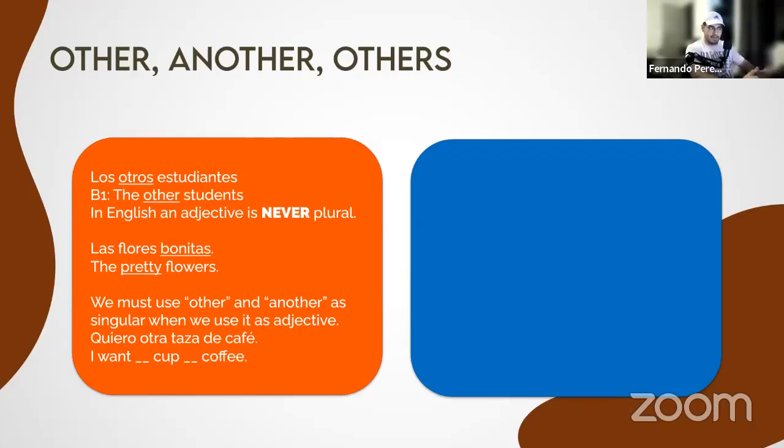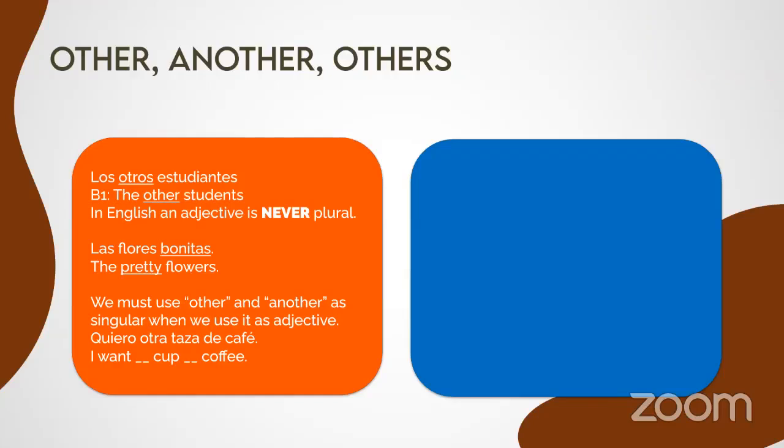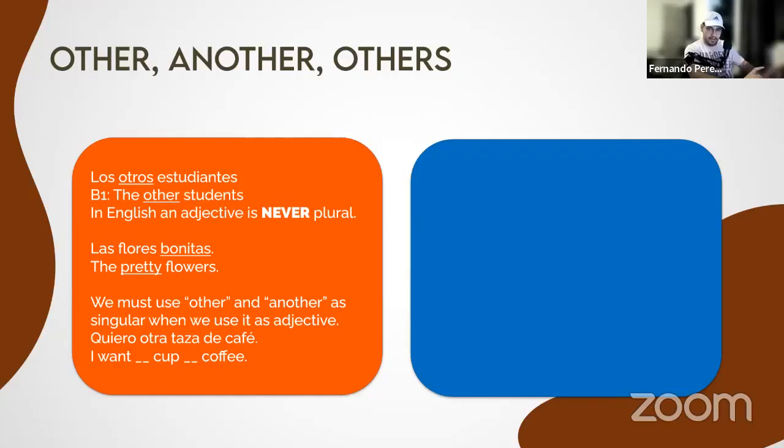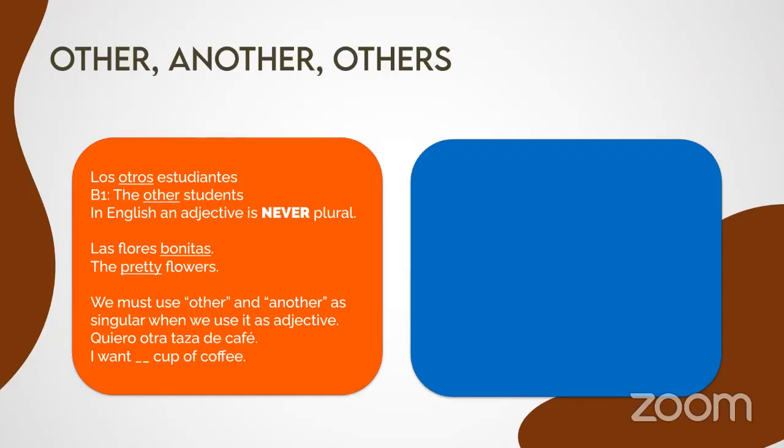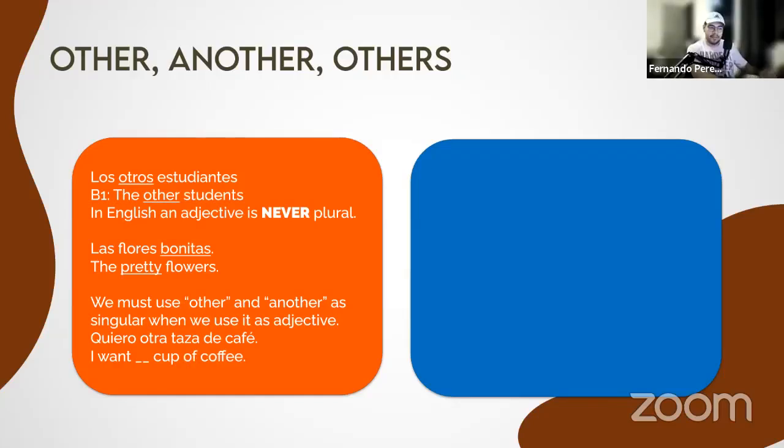Taza de café. How do you say de in English? Of. So cup of coffee. I didn't write other because I wanted to help you. Okay, other cup of coffee is correct.